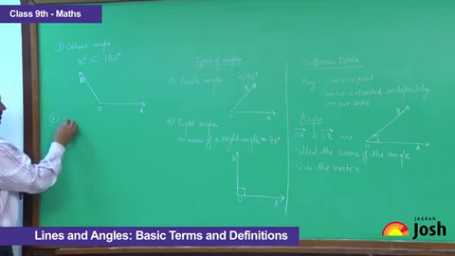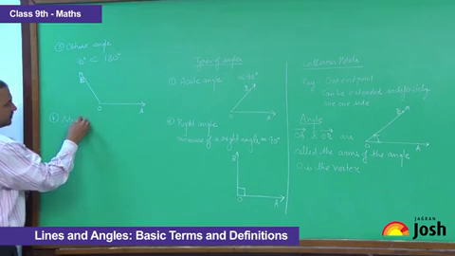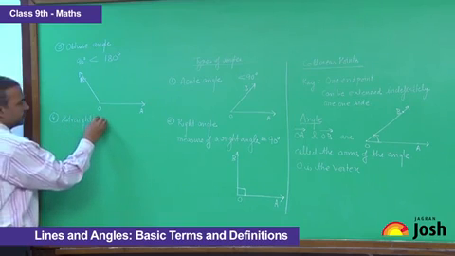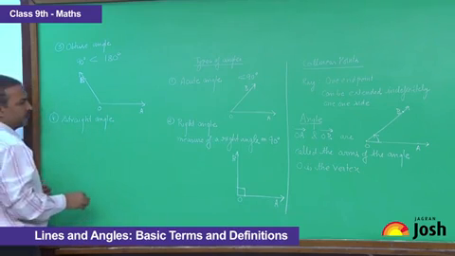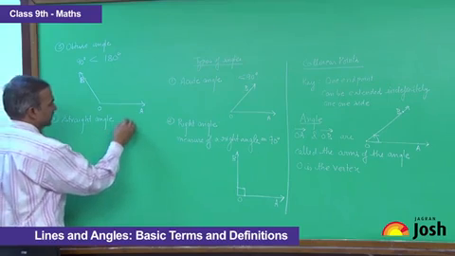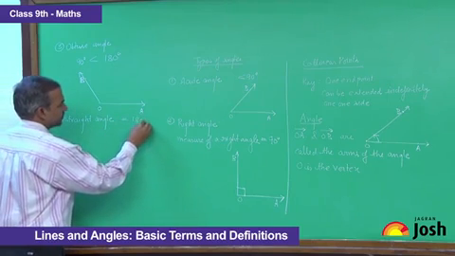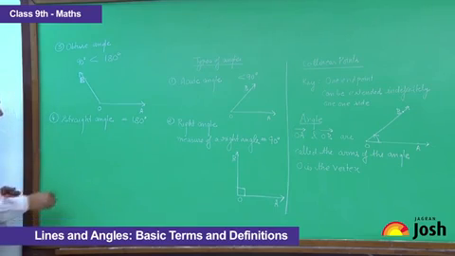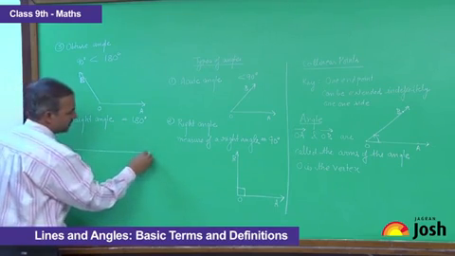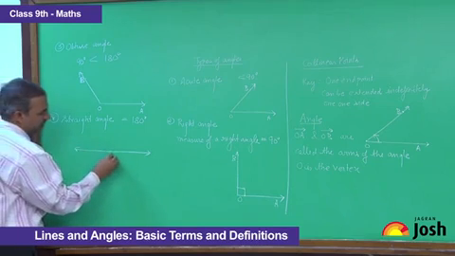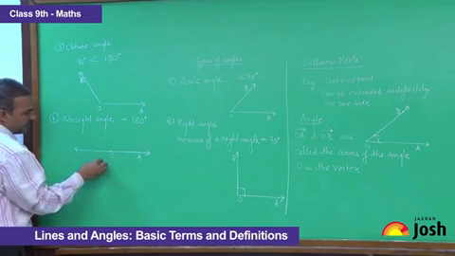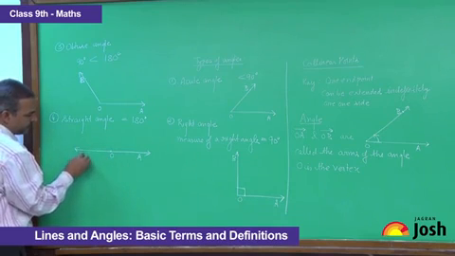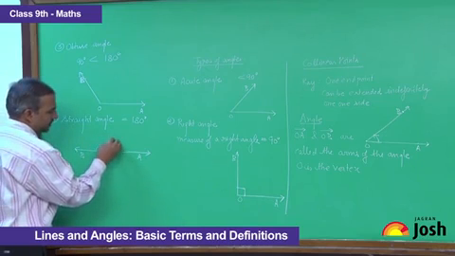Fourth is a straight angle. If the measure of the angle is equal to 180 degree, then it is called a straight angle. It's generally a straight line, or you can say these are actually two rays in opposite direction. So this is 180 degree.